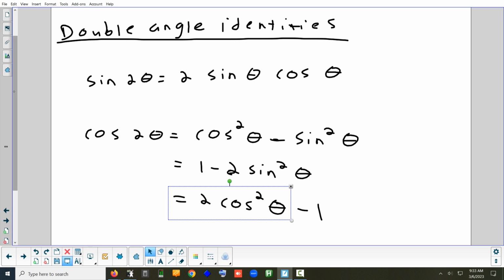And like I did with sum and difference, there is one for tangents. We are not doing the tangent one, we're going to skip that. Because if you really had to, you could think of tangent as sine over cosine and do two different problems and divide to get the final answer.